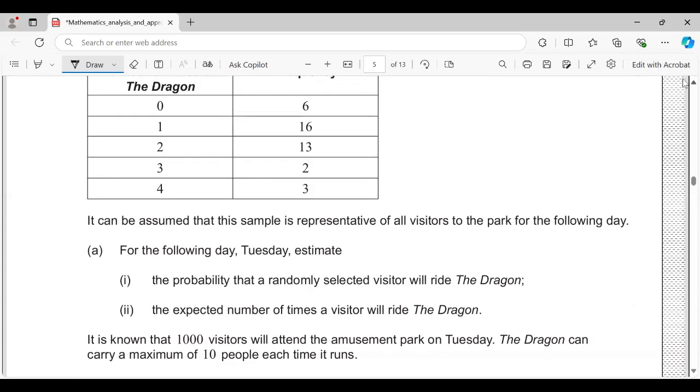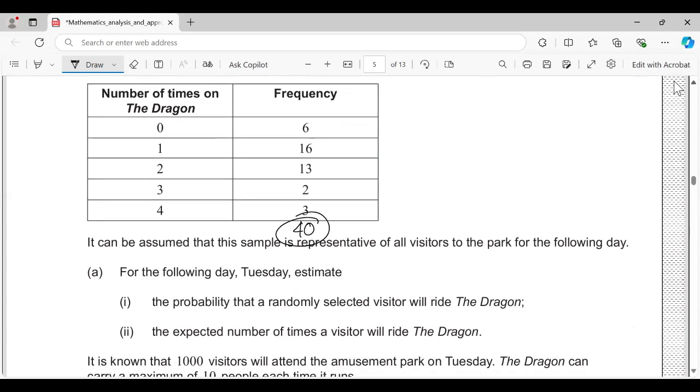Total visitors are 40, but for the visitors who will ride the Dragon, I look at this table, number of times on the Dragon. This does not include 0, only 16, 13, 2, and 3. So those are 34, 40 minus 6.